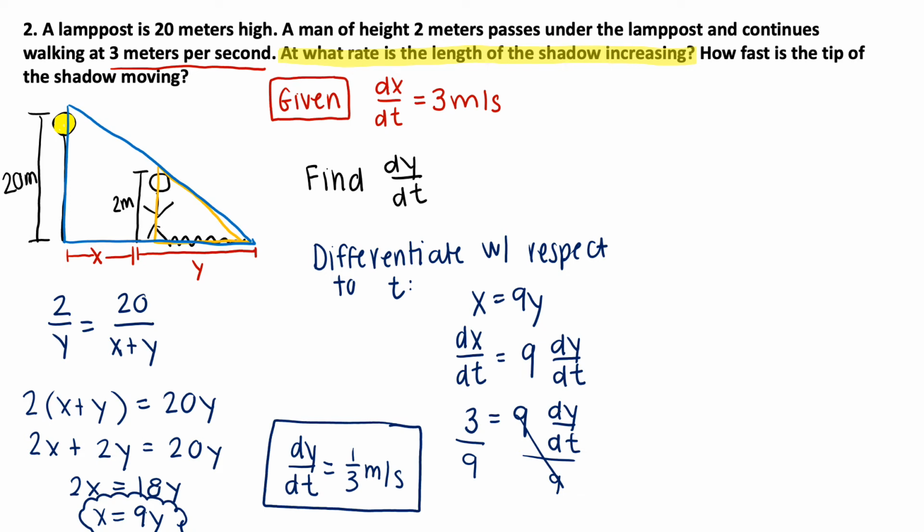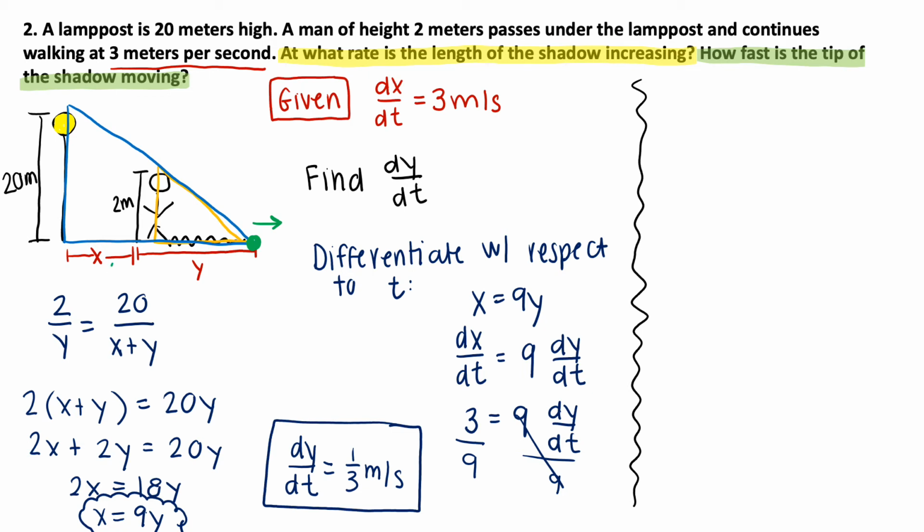Okay, and then there's actually a little bit more to this problem. For the next part, it wants to know how fast is the tip of the shadow moving. So what we're really looking at is this very end part of the shadow and how fast it is moving out. Thinking about how that shadow is moving, it's actually being affected by two things.